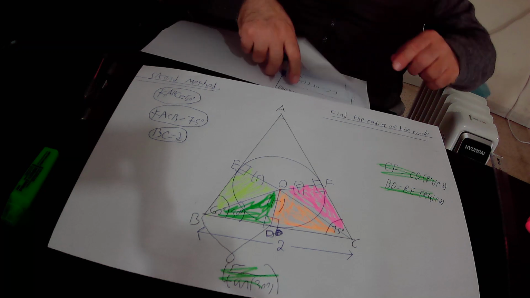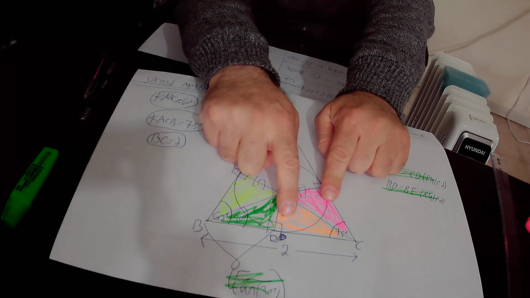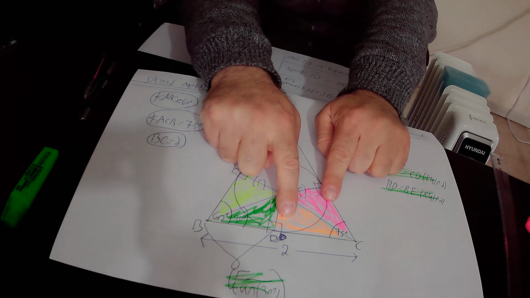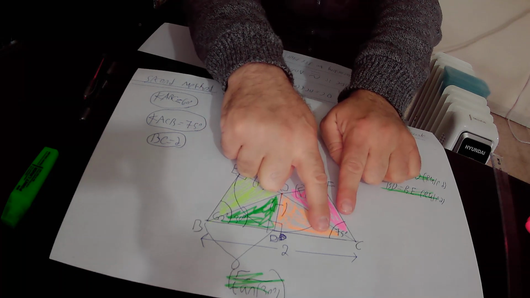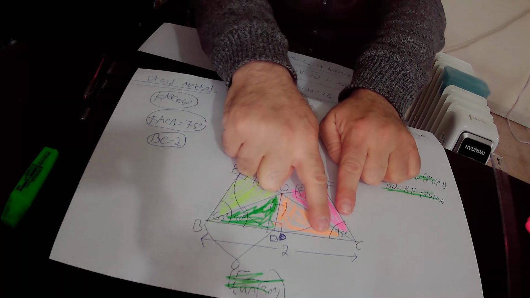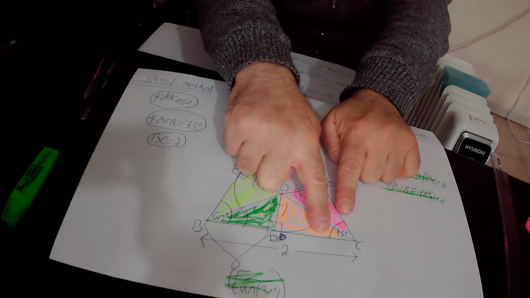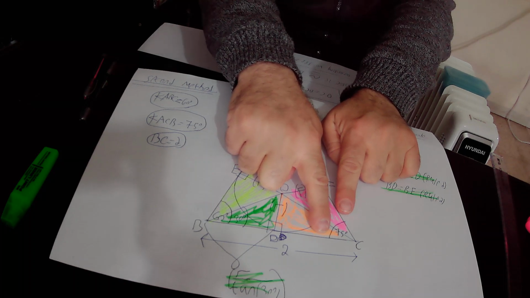And from the fact that those two right angles can go into each other, we derive that those two angles are also equal to each other, according to the rule that corresponding angles in congruent triangles are equal to each other.